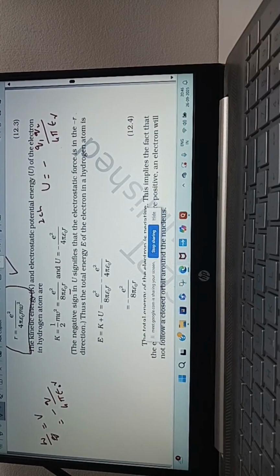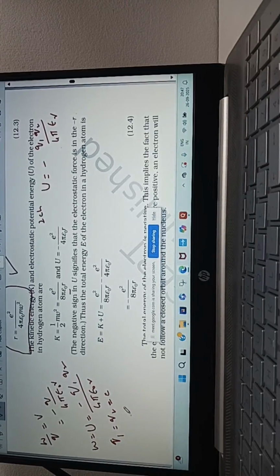This Q is going to the other side, what will happen? W is equal to work is equal to potential energy equal to minus Q. So Q1 and Q2 by 4 pi epsilon naught r, correct? Yes, sir, Q1 and Q2. What is it? Q1 equal to Q2 is equal to e.